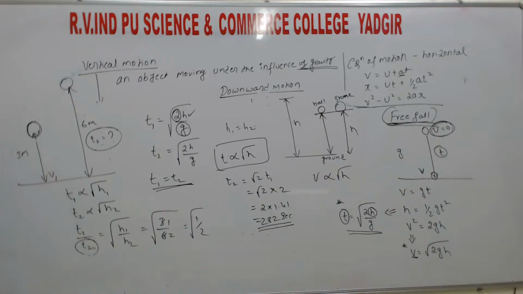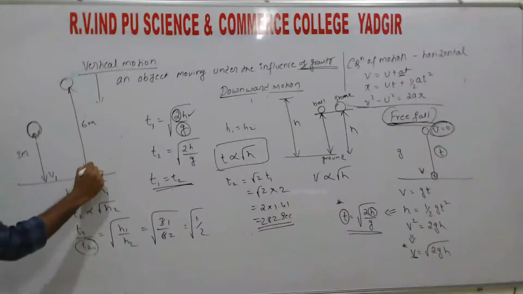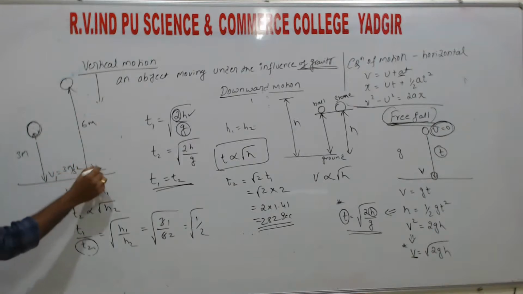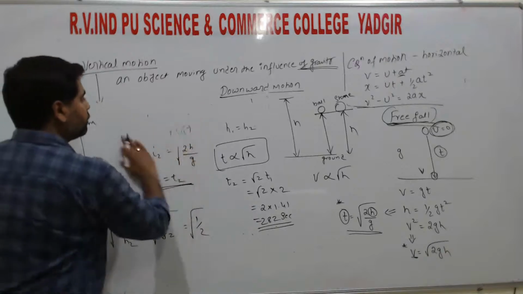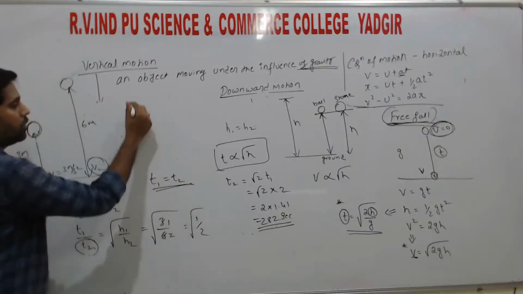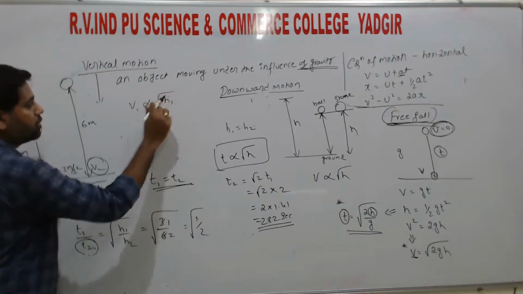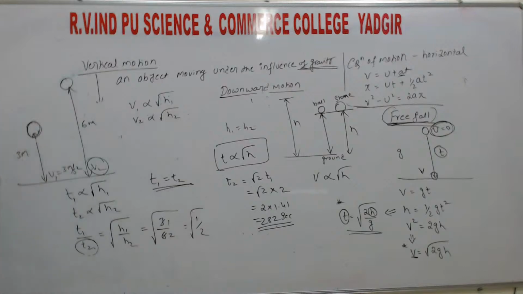For that, V1. In the same way, we know the height 6 meters, and here we need to find V2. If they give V1 equal to some 3 meters per second, then what about V2? By using the same relation, V1 is proportional to square root of H1, V2 is proportional to square root of H2, right?